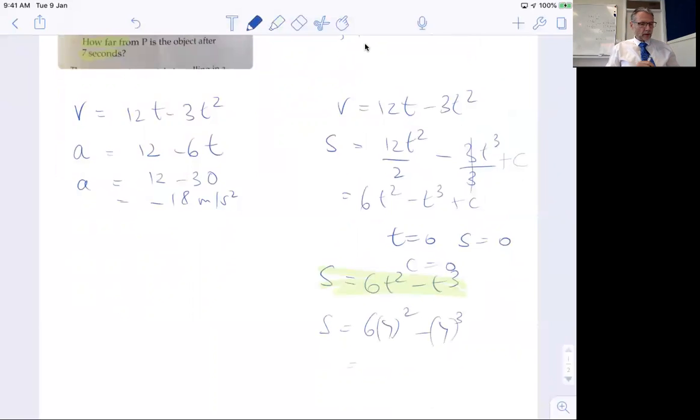We'll work that out on the calculator. 6 times 49 minus 7 to the power of 3. And the answer there, s, is equal to negative 49. So if the object was initially moving to the right, it's now 49 meters in the opposite direction because of that negative sign.